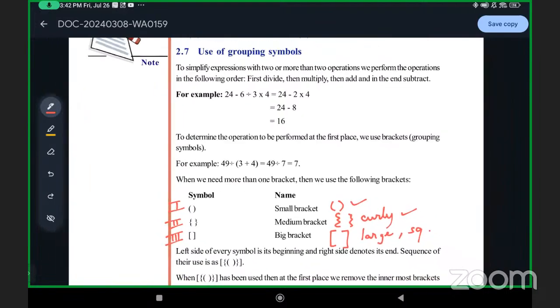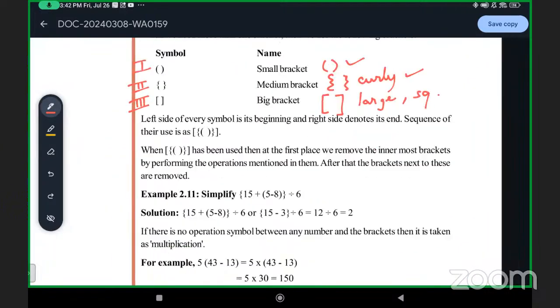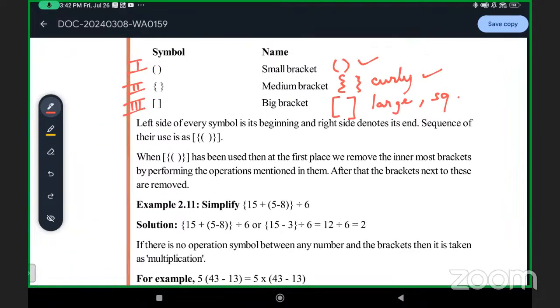Okay, then suppose I have this question. Curly bracket 15 plus, plus 5 minus 8 divided by 6.